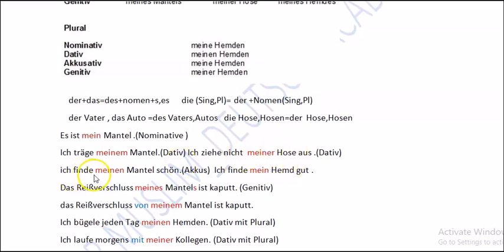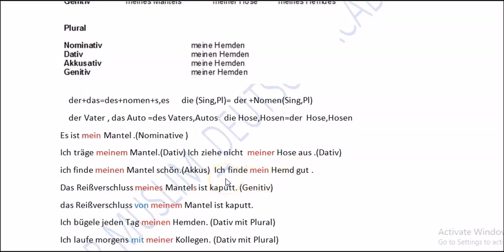The next one is ich finde meinen Mantel schön. Ich finde means I find my coat beautiful. I found it beautiful. So it is accusative, and it is der Mantel. We said that we are changing der to den. So we change mein to meinen. The next one is ich finde mein Hemd gut.